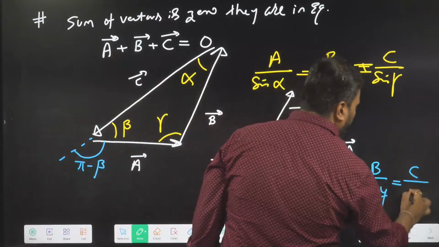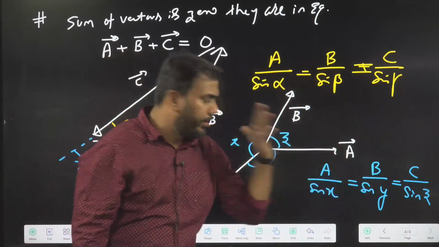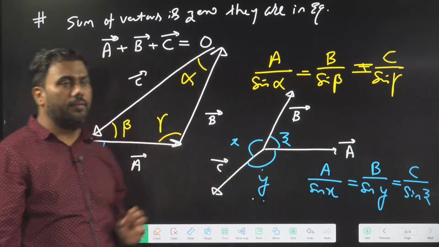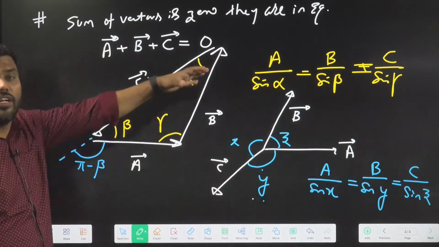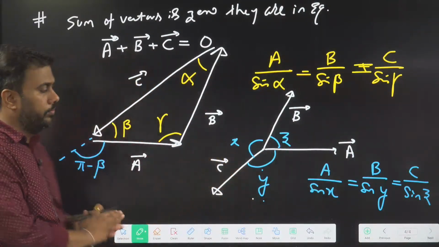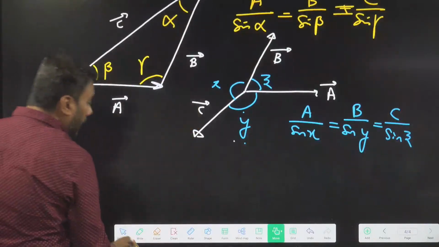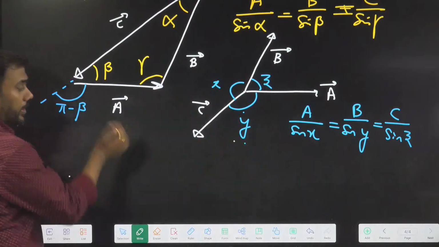So the same Lamy's theorem I am writing in a different way. We covered Lamy's theorem in the previous class. This is another way of writing it. Why am I giving you Lamy's theorem in this format? Because sometimes questions are given in this way. Let us solve a question on this.